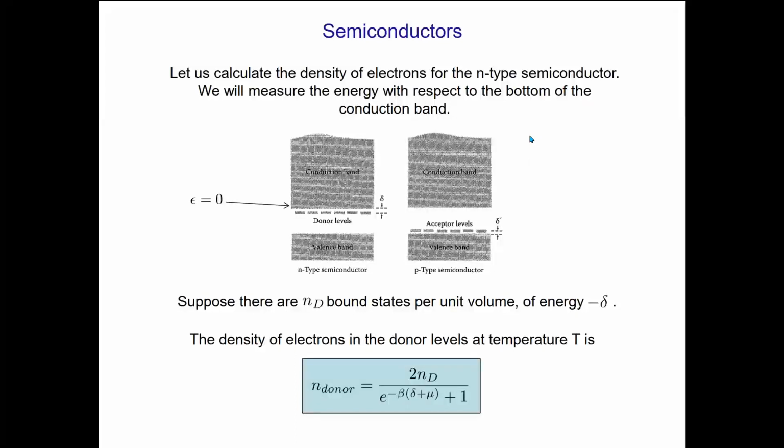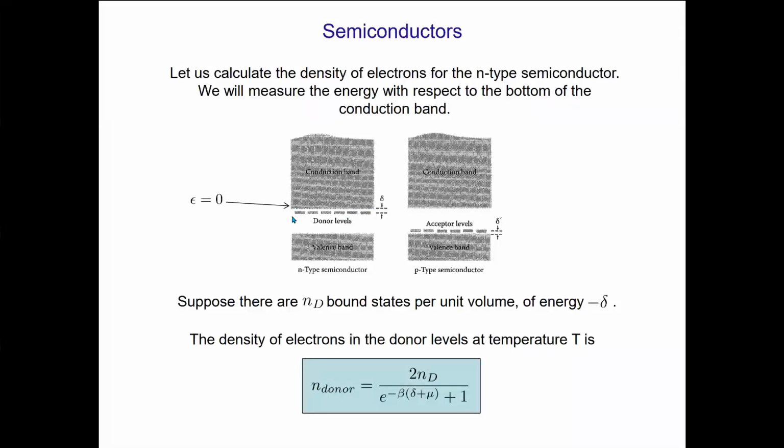So let's calculate the density of electrons for the N-type semiconductor. We will measure the energy with respect to the bottom now. Previously we measured it with respect to the top of the valence band. Now we measure it with respect to the bottom of the conduction band. So I assume that the energy of the bottom of the conduction band is 0.